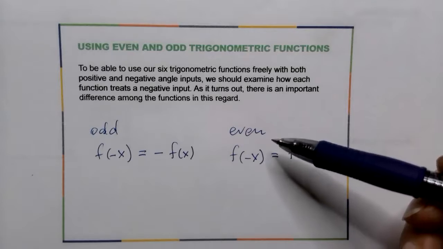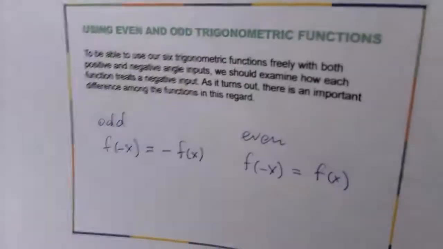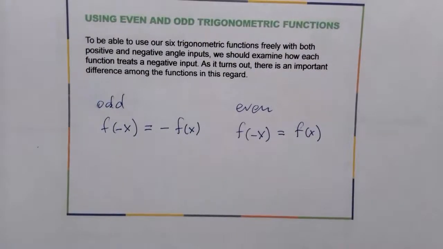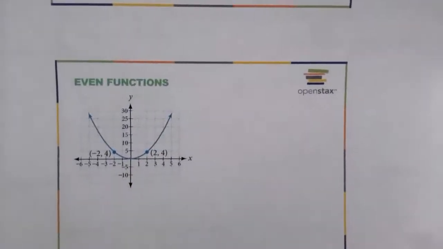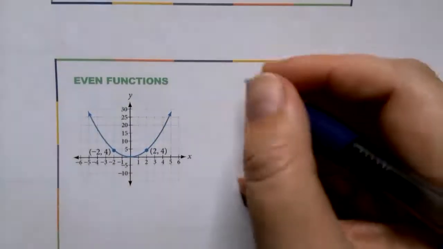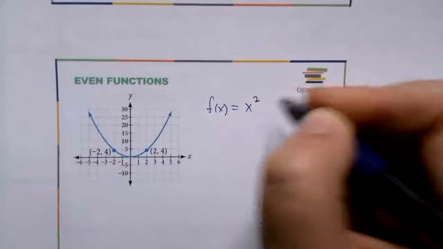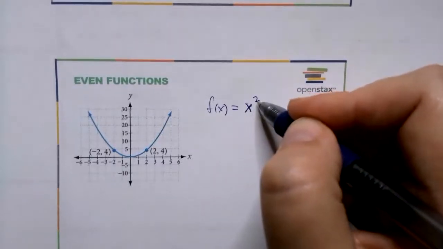With that in mind, let me remind you of some even functions that you know and give you some examples of even and odd functions. So one of the even functions that you know is the quadratic function. The quadratic function takes an input and squares it.